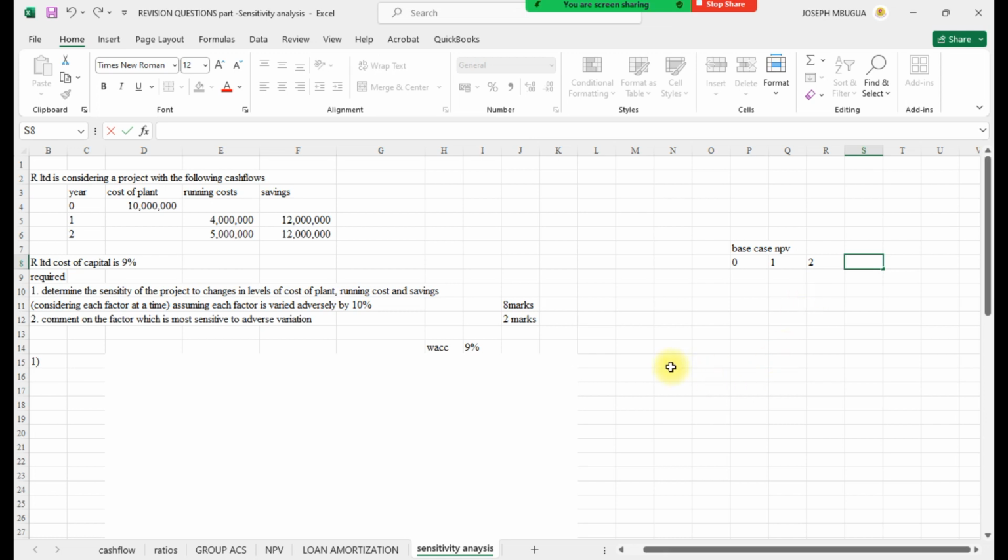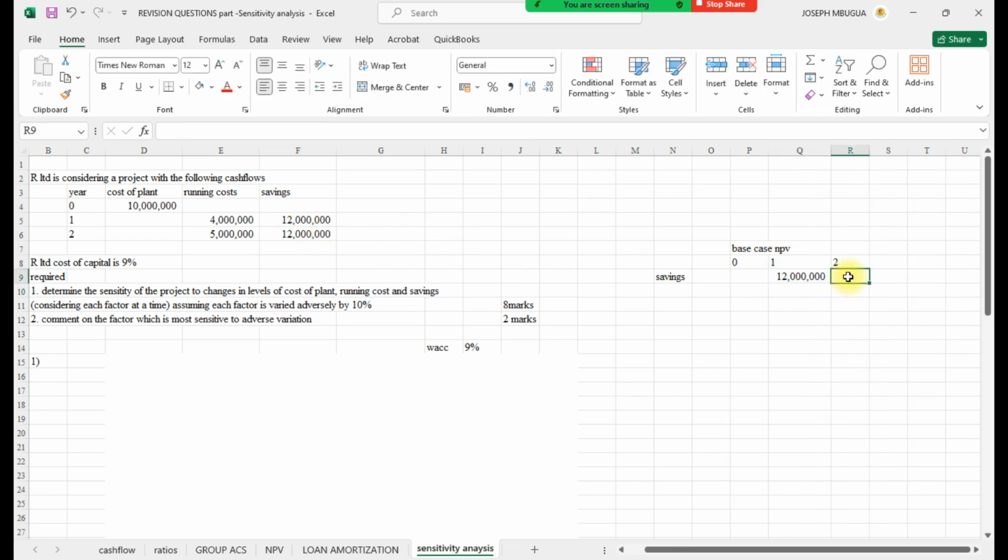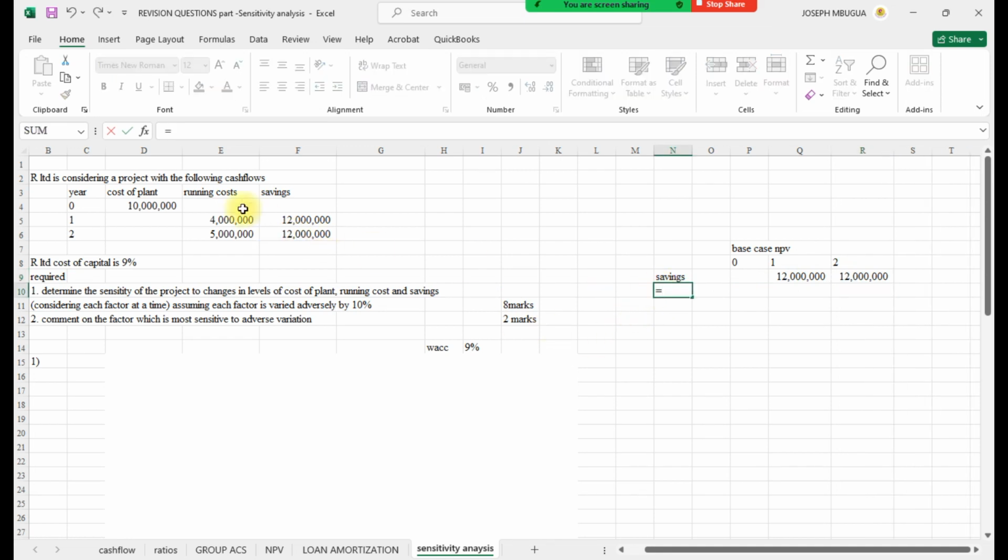So remember, in year 0 we have the cost of plant, we have running cost, and we have savings. We start with savings, and savings were constant in both years. You have savings of 12 million, and running costs of 4 in year 1 and 5 in year 2.